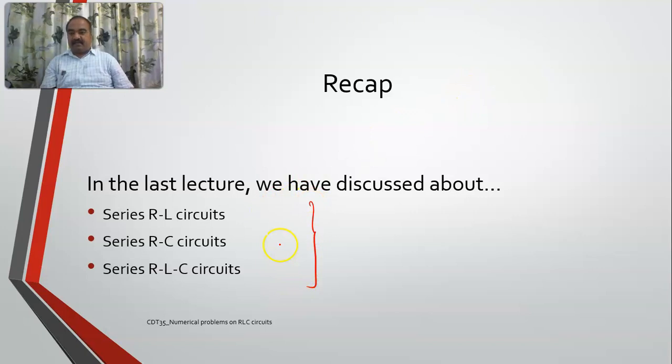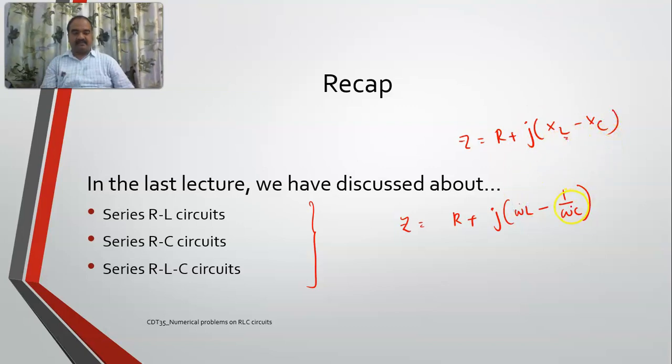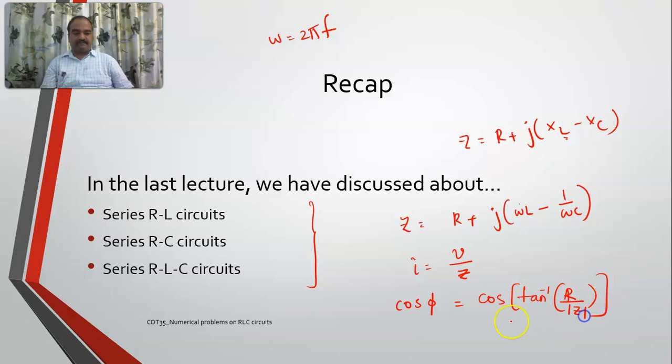For generalized, if we consider that RLC elements are present, the total impedance is given by R plus j omega L minus 1 by omega C, or R plus j(XL minus XC), where XL is omega L, XC is 1 by omega C, where omega is 2 pi f, where f is the frequency of the supply, and current is given by V by Z, and the power factor is given by cos of tan inverse of X by R. These were the generalized expressions which we have gone through in the last video lecture.